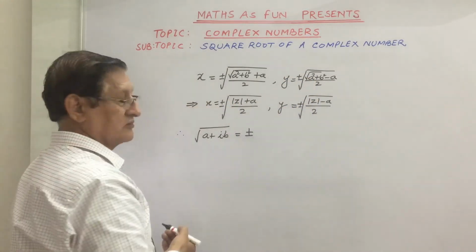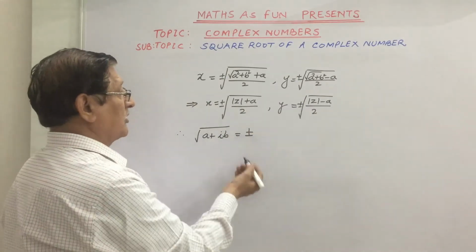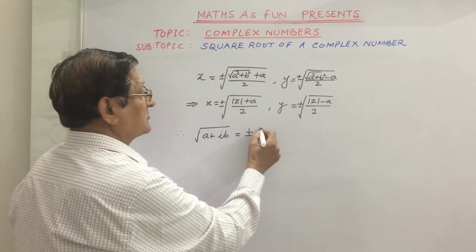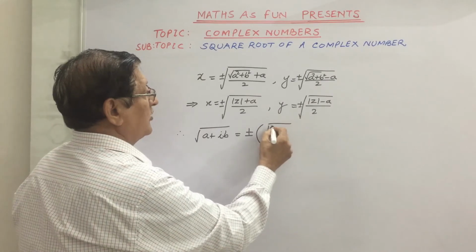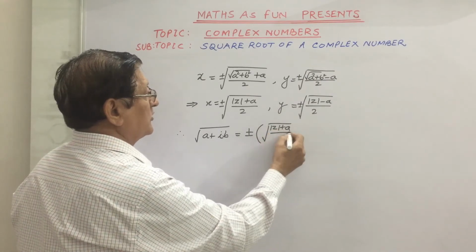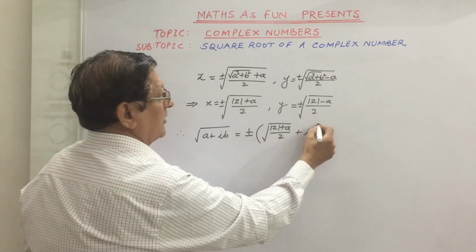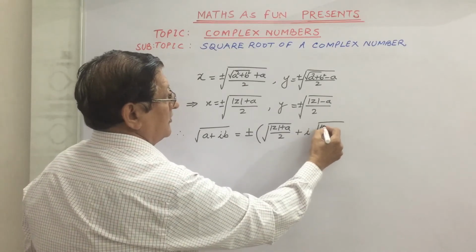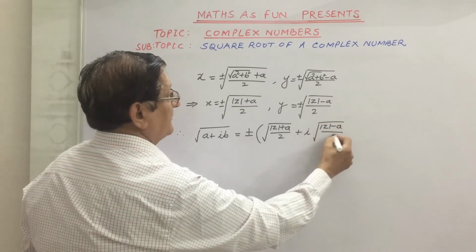This implies a plus iota b is plus minus root of modulus z plus a upon 2 plus iota root of modulus z minus a upon 2.